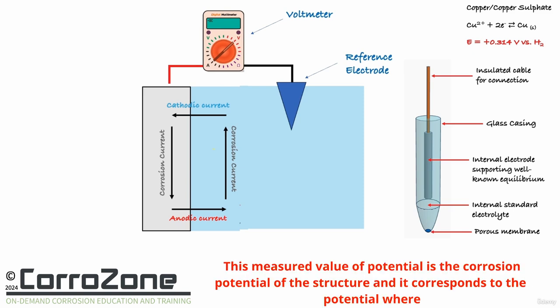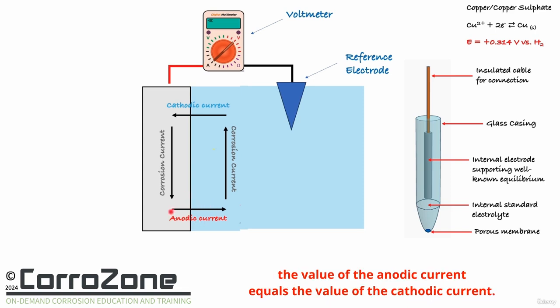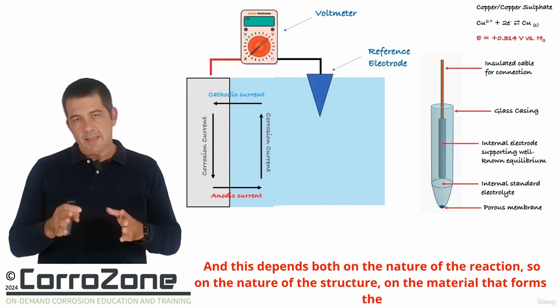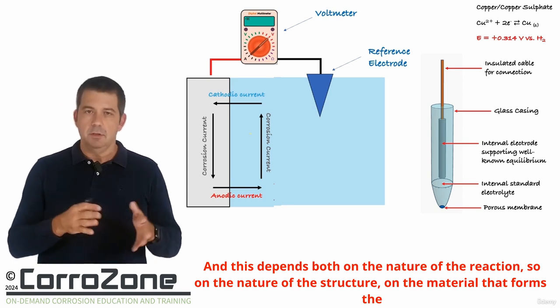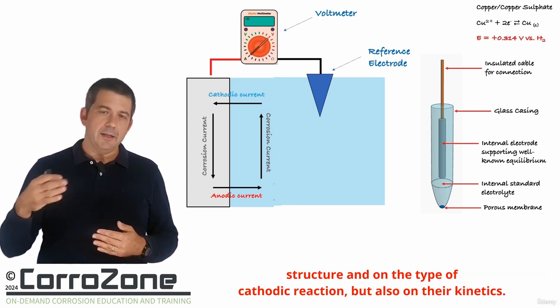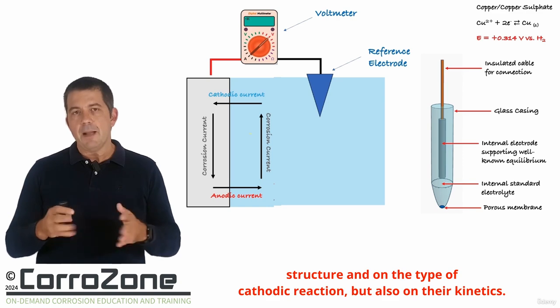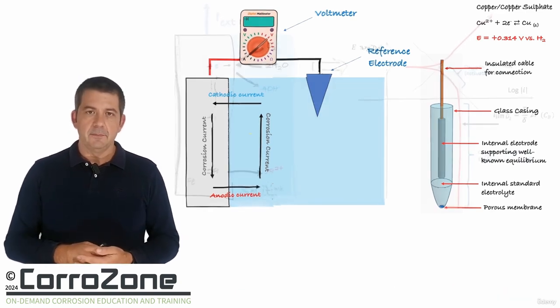This measured value of potential is the corrosion potential of the structure, and it corresponds to the potential where the value of the anodic current equals the value of the cathodic current. And this depends both on the nature of the reaction, so on the nature of the material that forms the structure, and on the type of cathodic reaction, but also on their kinetics.